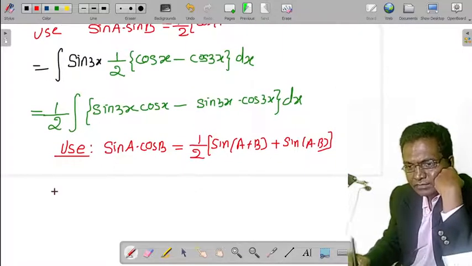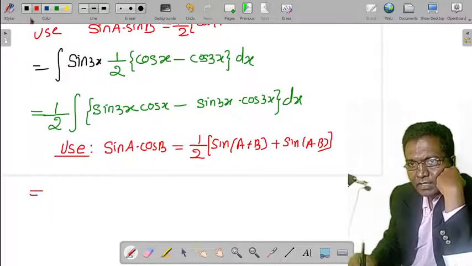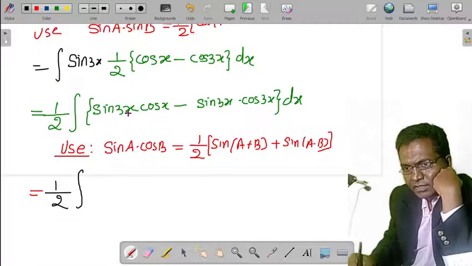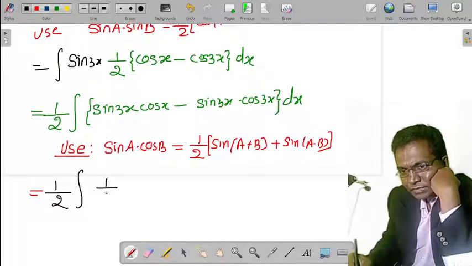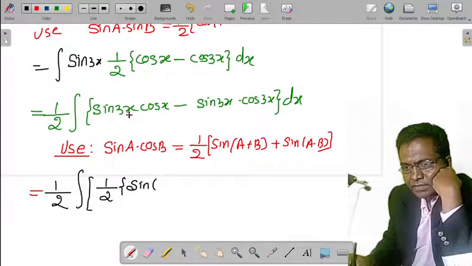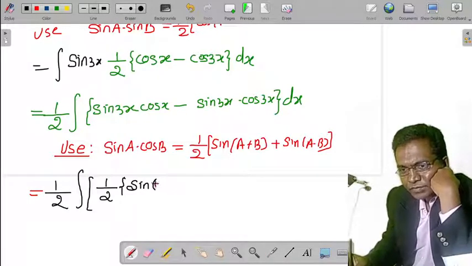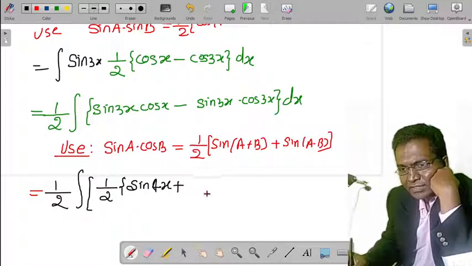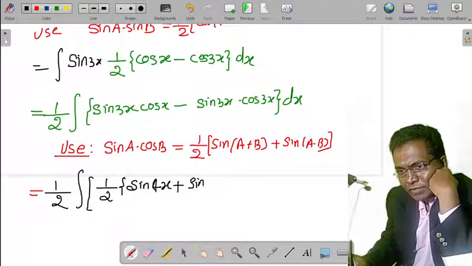Okay, so what will we get? 1 by 2, as it is under the integral sign. For this, it is 1 by 2 sin of A plus B, 3x plus x is 4x, plus sin of A minus B, 3x minus x is 2x, so it is sin of 2x.